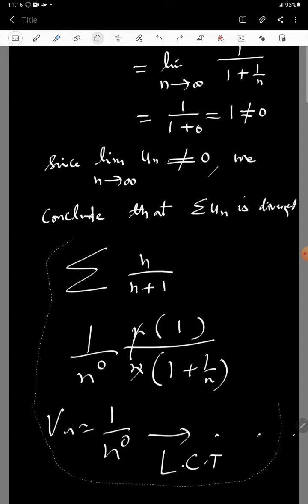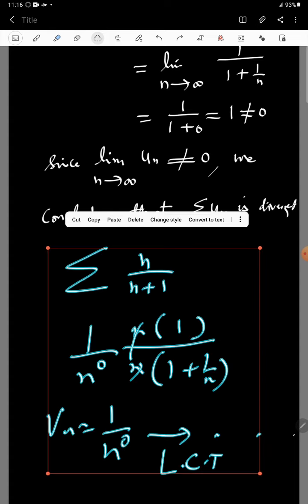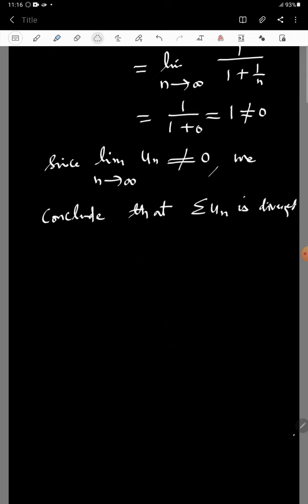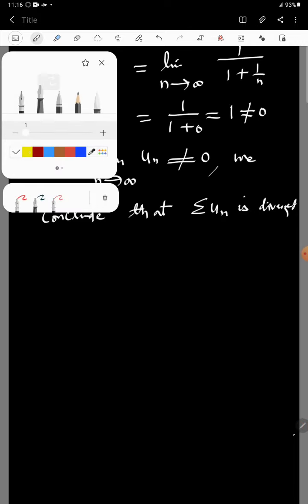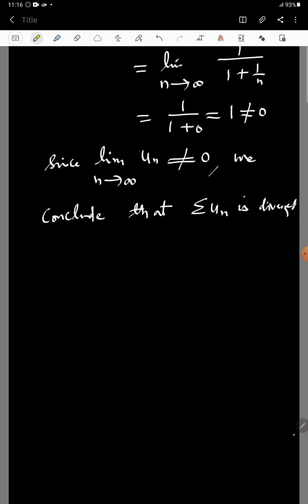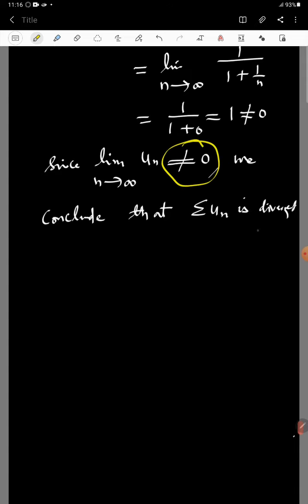So this is a very tricky way to declare that the given series is divergent. If limit un comes equal to 0, nothing can be said. But if limit un is not equal to 0, be careful about this point, not equal to 0, then you can say that it is divergent. If limit un is equal to 0, nothing can be said.